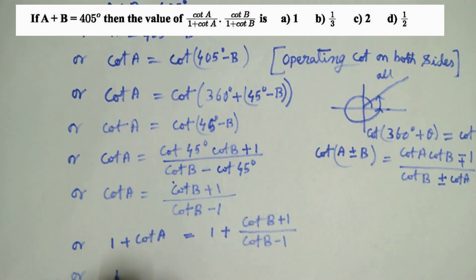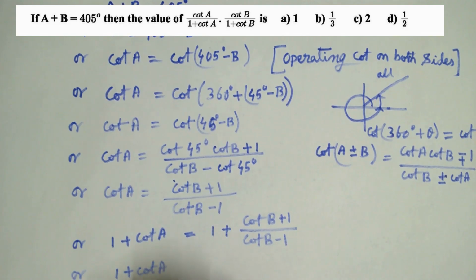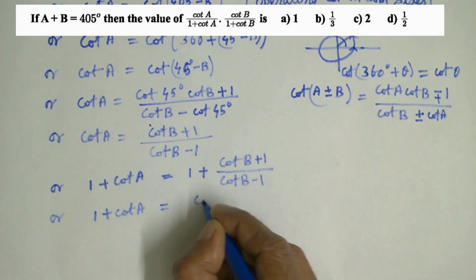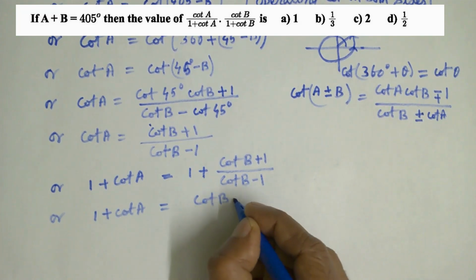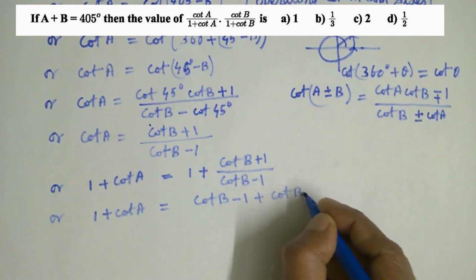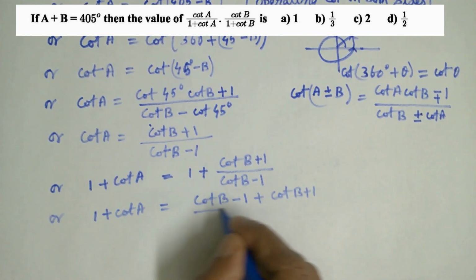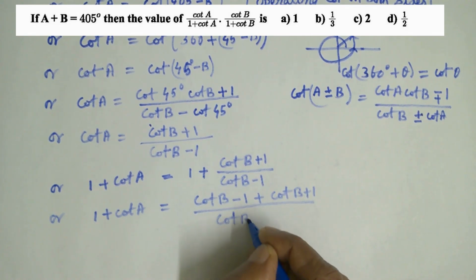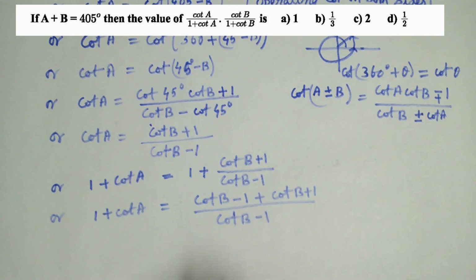Left hand side as it is, 1 plus cot A is equal to cot B minus 1 plus cot B plus 1 by cot B minus 1.